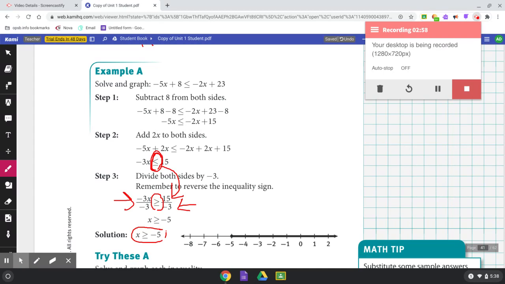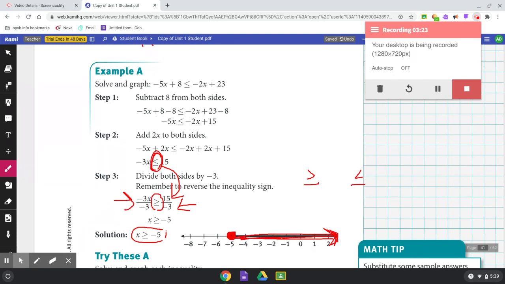So as you can remember from lesson 3-1, we know that inequality signs that have greater than or equal to or less than or equal to have closed points. So then we're going to have a closed point at negative 5. And our ray is going to extend in the right direction because our values are greater than, which goes in the right direction.